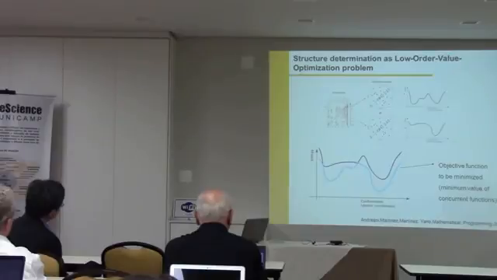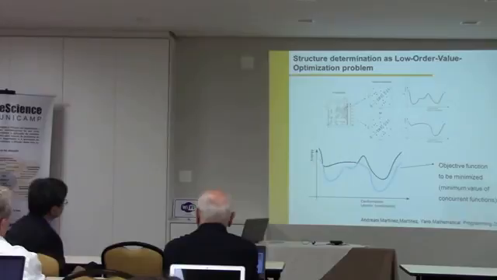For each given set of constraints obtained from the experimental data, there is a function, which is the energy as a function of the conformations of the structure satisfying that set of constraints. There is a different function for the energy satisfying another set of constraints.